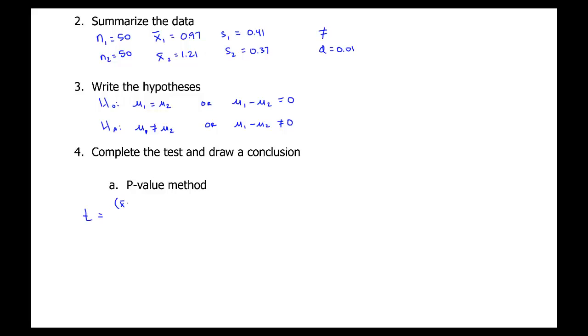So the equation for t will give us this. In the null hypothesis, the difference between the 2 population means is 0. So that's what we're going to plug in for that one.